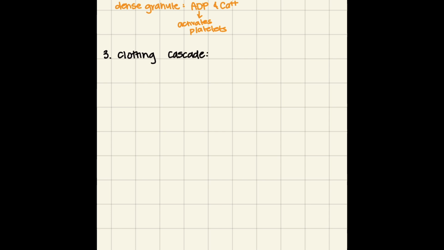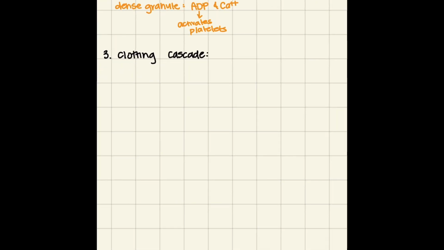I don't know why in my brain it's called the clotting cascade, but this one is actually fairly complicated because there are three different pathways that we have to know. One is the intrinsic pathway, one is the extrinsic pathway, and then there's a common pathway. So I'm just going to start with the intrinsic pathway, and I'll probably take it through the common pathway, and then I'll do the extrinsic pathway and kind of explain where that ties in.